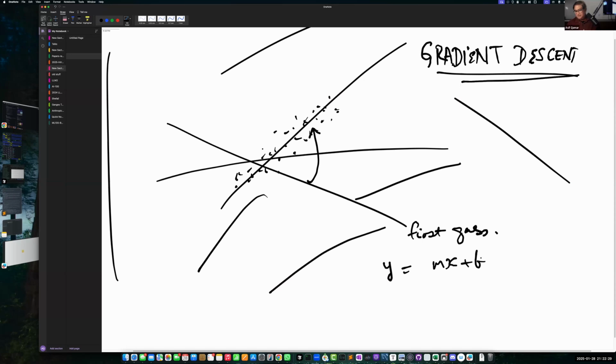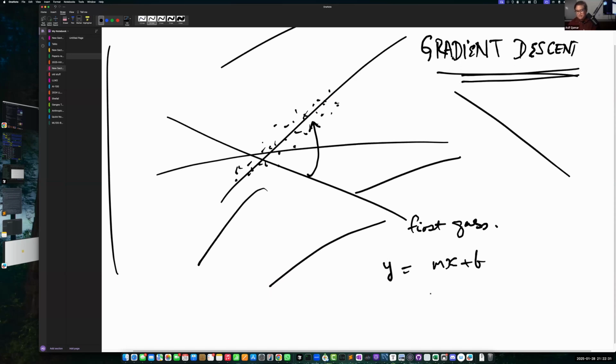In the machine learning community, we don't use this notation. What we do is we call it theta naught plus theta 1 x. Some people write it as beta naught plus beta 1 x. Doesn't matter, theta, beta, whatever you use. One is the intercept, the other is the slope.